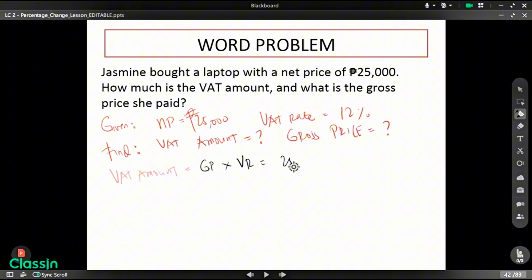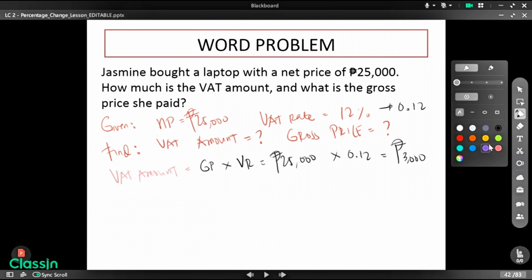So it will be 25,000 pesos times 0.12. Why? Because 12% is 0.12 in decimal. For the VAT amount, the answer is 3,000 pesos.